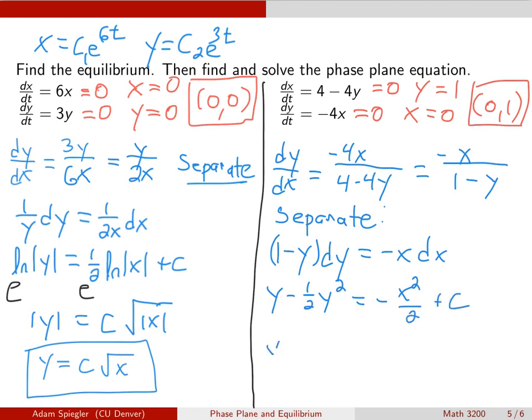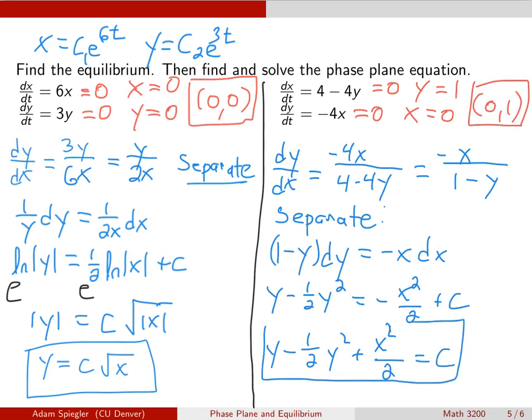We can bring all of our terms to the left side and write this as y minus 1/2 y squared plus x squared over 2 equals some arbitrary constant c. So that would be our solution to the phase plane equation.